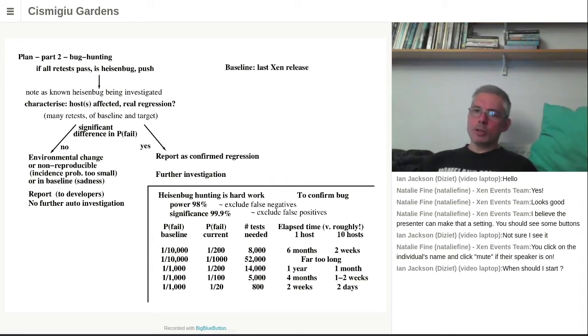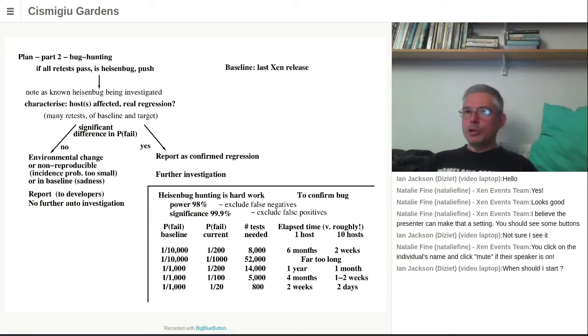If not, then we could report it as a confirmed regression, and hopefully the release manager and the developers will pay attention to that. We haven't always had people taking test failures as seriously as maybe they ought to, but I'm hoping that a confirmed Heisenbug regression would be useful information that people would act on.